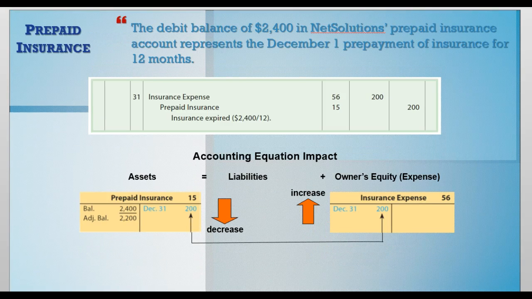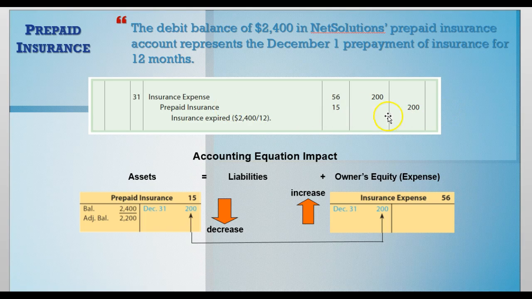So let's see what comes up next. The other one they want to do with this one is prepaid insurance. It's for 12 months. So each month, if I divide 12 into 2,400, that is $200 worth of expense. So again, you're going to do a general journal entry of insurance expense, 200, and prepaid insurance, 200.